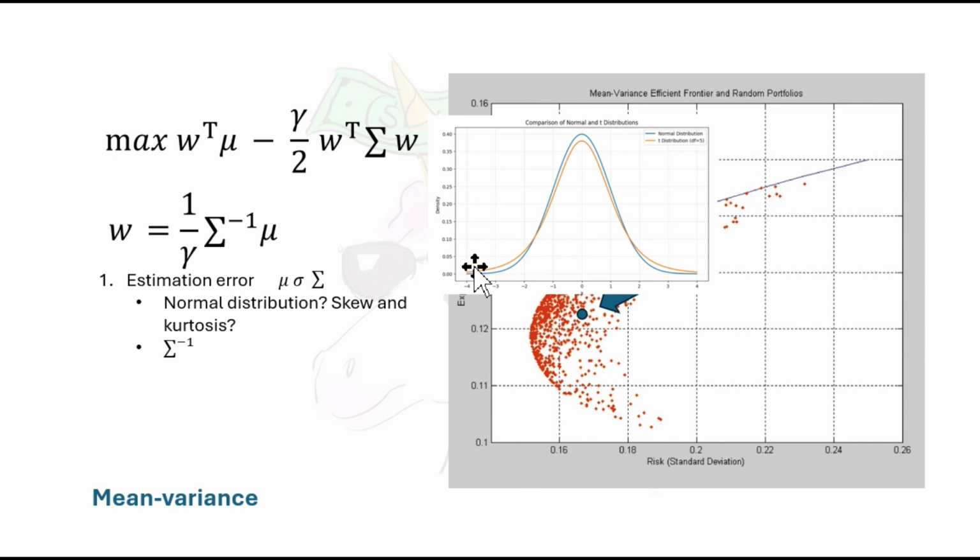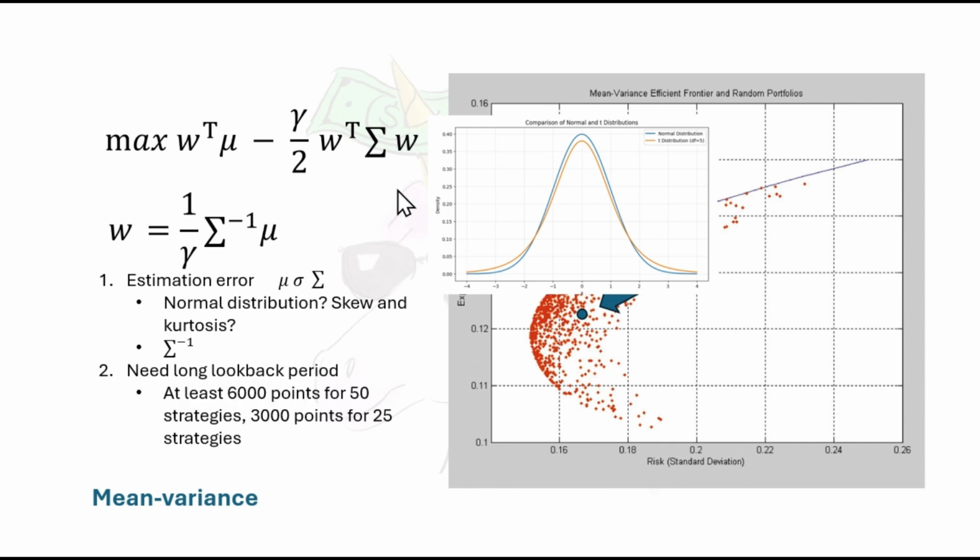The distribution could also be skewed, and kurtosis could also play a role here. So simply assuming our returns are normally distributed could bring in a lot of estimation error. Another factor is more related to the covariance matrix. In order to get our weight W, we need to invert this matrix, which is often a big source of estimation error.